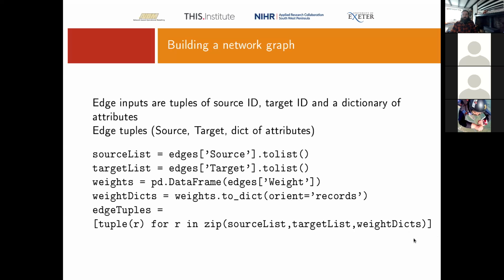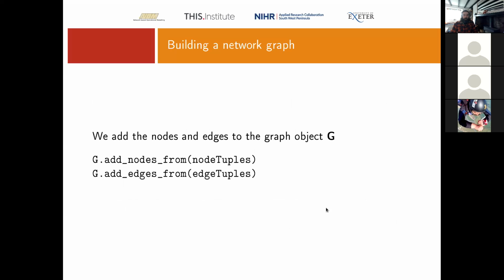Okay, and moving on. So now we've done the hard bit. We've created all of our node tuples and our edge tuples. So now we're going to add them to our graph object that we created earlier.